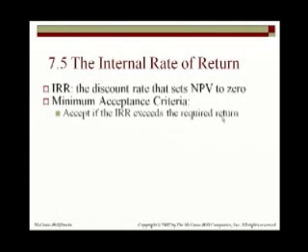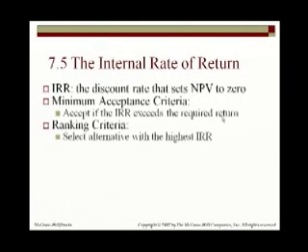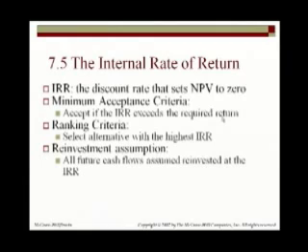The required return is usually the cost of borrowed funds. The ranking criteria is to rank these projects, if you have multiple projects, from that with the highest internal rate of return to the project with the lowest, and then work your way down, accept them in the order from highest to lowest. There is a reinvestment assumption.